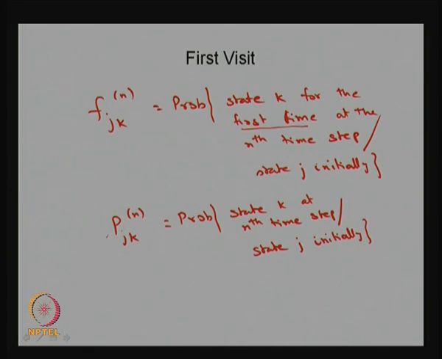That means, p suffix j k of n means there is a possibility the system would have come to the state k before the nth step also.